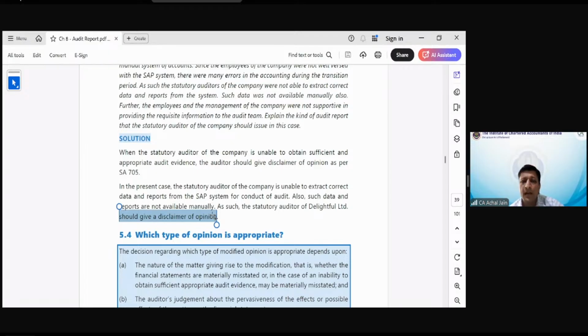Okay, clear? Everyone clear on this? Yeah, because the impact is not only material but also pervasive. Okay. All right. So, any questions so far? Any doubts if you have so far?